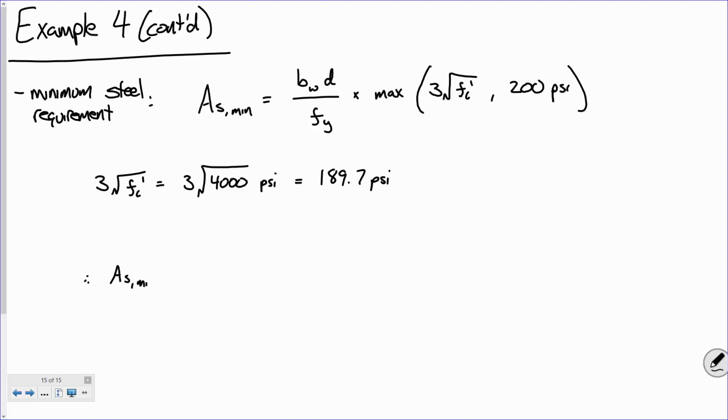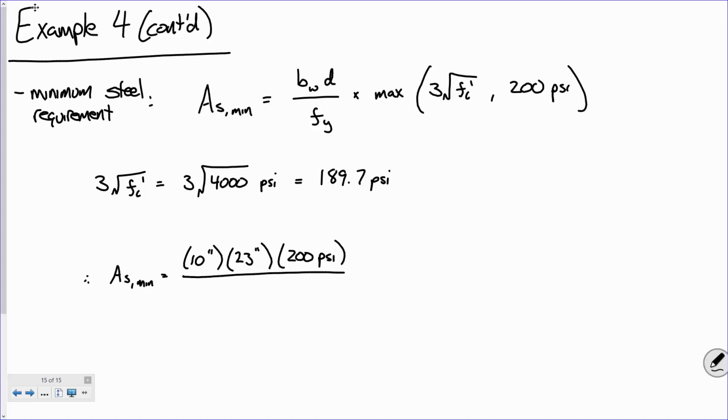So As minimum is, now bw, that's just the beam width, so that's going to be 10 inches. d is 23 inches. Then we have times the maximum of those two, which is 200 psi.